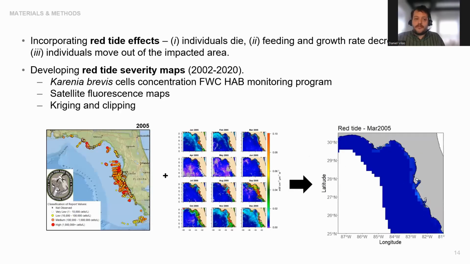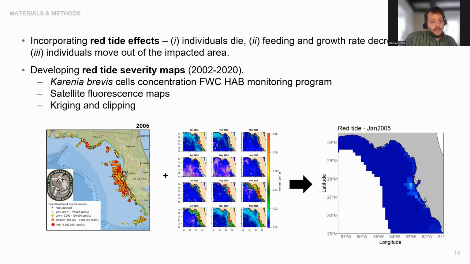In terms of the incorporation of red tide effects, the first step was developing those red tide severity maps. We got information on Karenia brevis cell concentration from the Florida Wildlife Commission, this harmful algal bloom monitoring program.